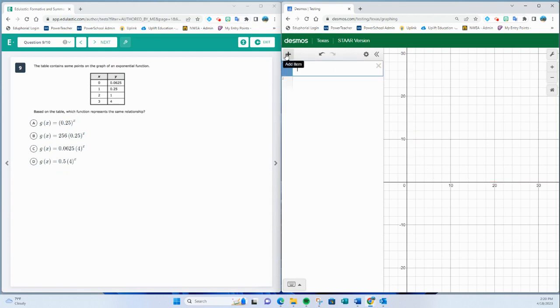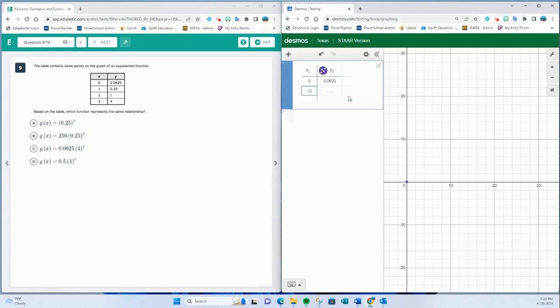For this one, there's more than one way you can do this, but what I would do is put the table values into a table.